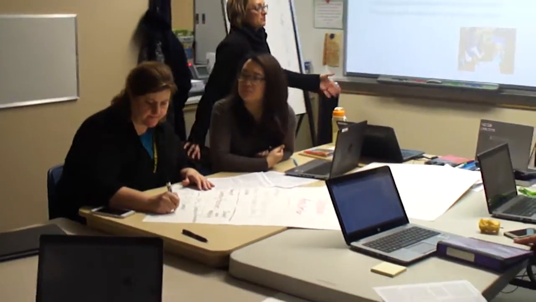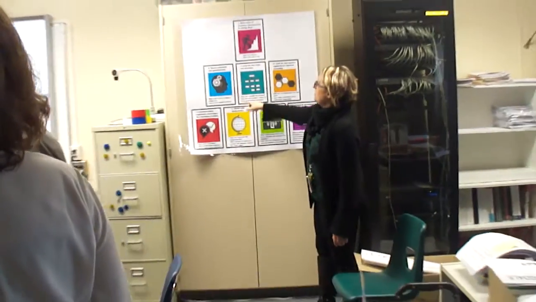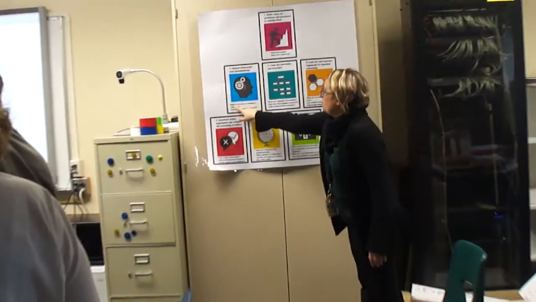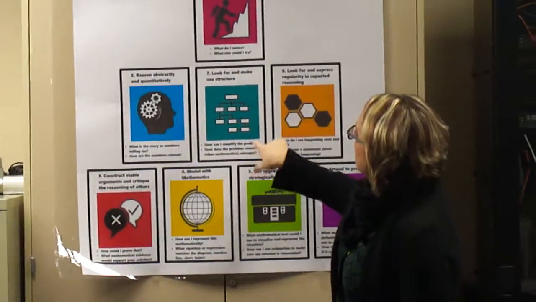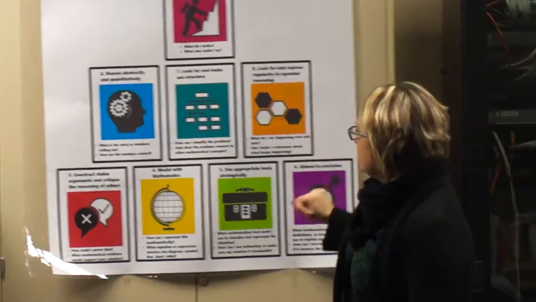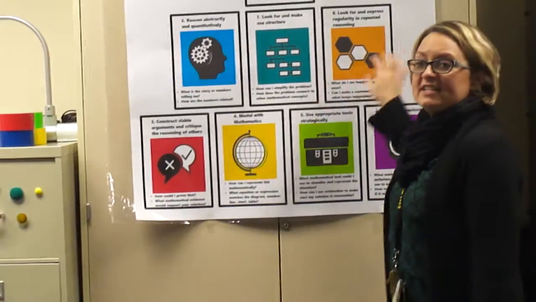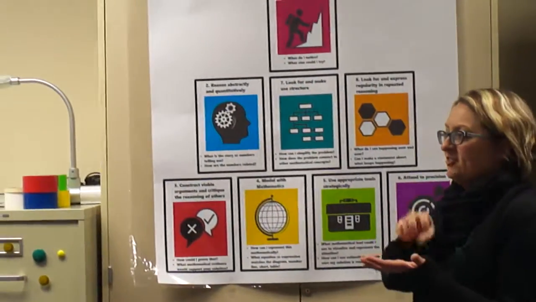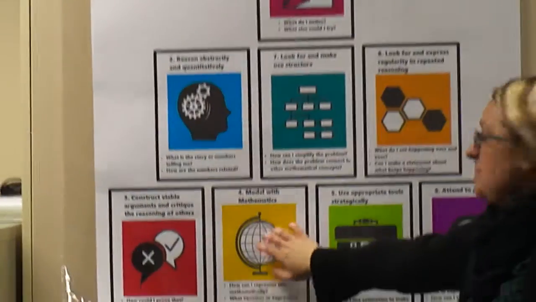Prove it, and that goes right back to the heart of our 8 mathematical practices over here. Make sense of problems and persevere through solving them. Reason abstractly. How are these numbers related? Structure, repeated reasoning, viable arguments and critique the reasoning of others. All of these things are building conceptual understanding, right? Nowhere up here, like modeling with mathematics.